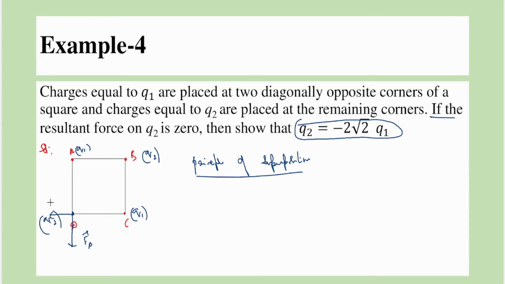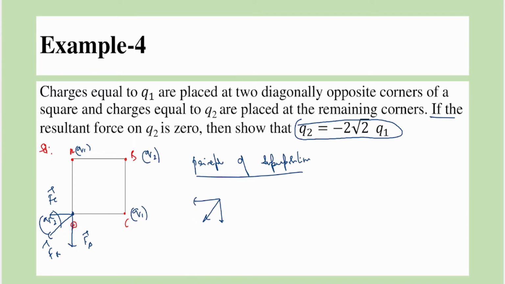This is called F suffix C. And since Q2 also is positive, this Q2 will push this Q2 away. So we'll have a force because of this, F suffix B. So you have three forces, one like this, one like this and one like this.